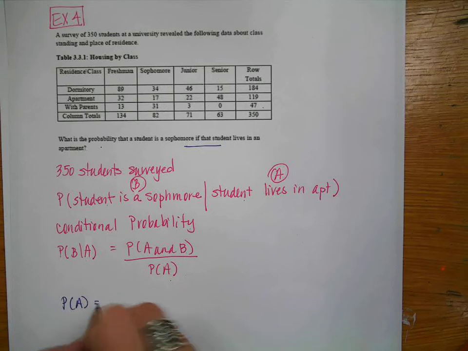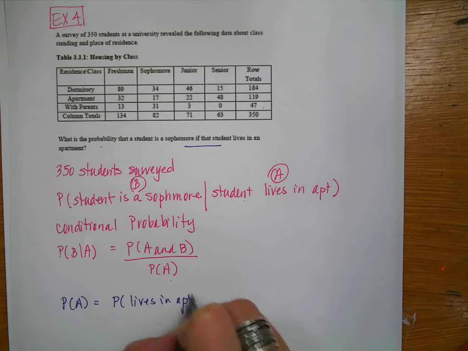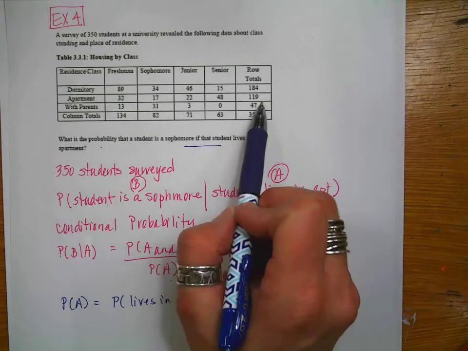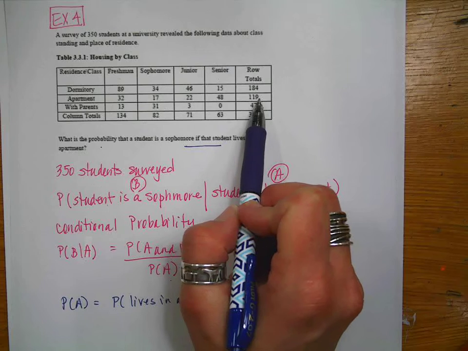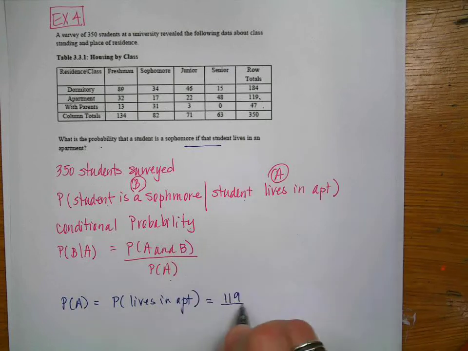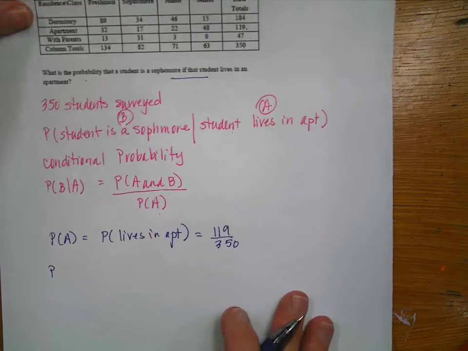So let's manage our individual probabilities. The probability of A, which is the probability that the student lives in an apartment. If we look at it, here's our apartment, and notice that we had 119 students living in an apartment. So this is 119 divided by 350.